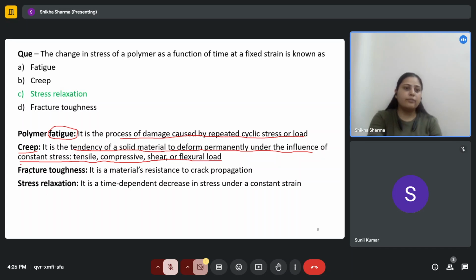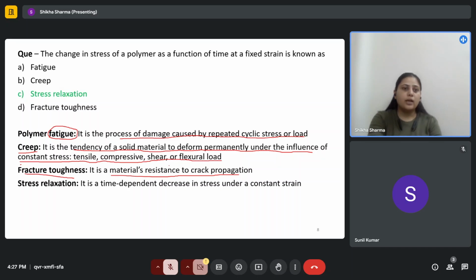Fracture toughness is the material's resistance to crack propagation. So when there is a crack and it is propagating, how much the material is trying to resist it is known as fracture toughness.